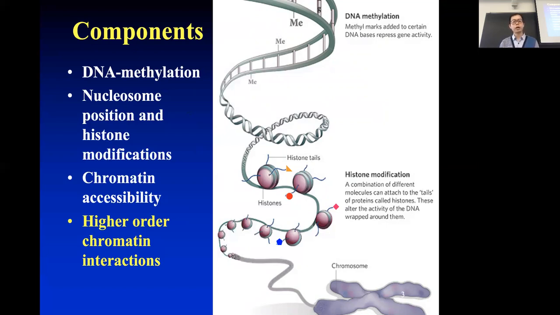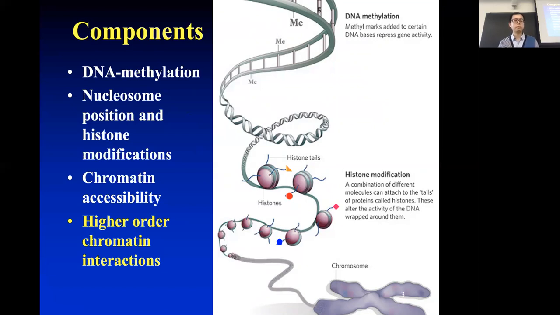Besides DNA methylation, from this figure you will see that DNA usually wraps around some proteins, called histone proteins. Again, there can be different modifications on the histone proteins, and different modifications can really change the function of the DNA associated with them.